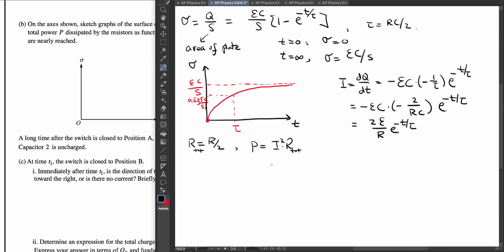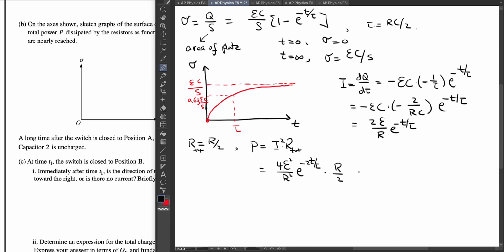Okay, so let's plug in this I. So power equals 4 EMF squared over R squared e to the negative 2t over tau. This square here gives us the factor 4. And R total is R over 2, right?